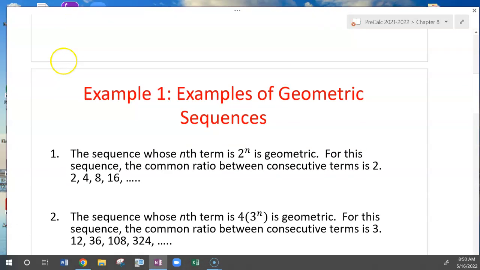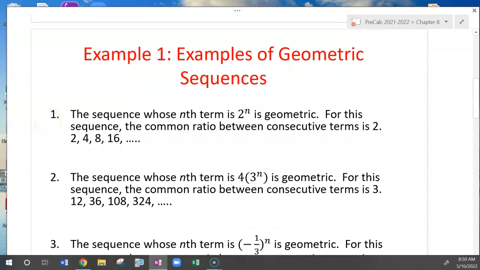So here we go. Our first example is just examples of what geometric sequences are in the first place. So number one, the sequence whose nth term is 2 to the n, that's geometric. If you think back to arithmetic sequences, you added a common term each time.